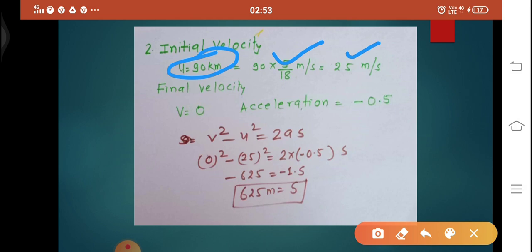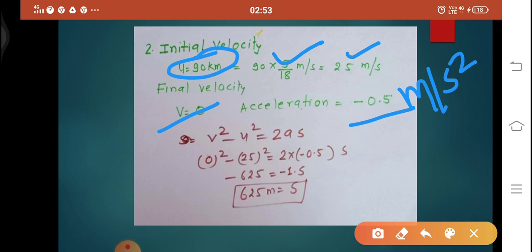It is brought to rest, so final velocity will be 0, and acceleration is minus 0.5 meter per second square. Now we have to calculate how far it will go before coming to rest.